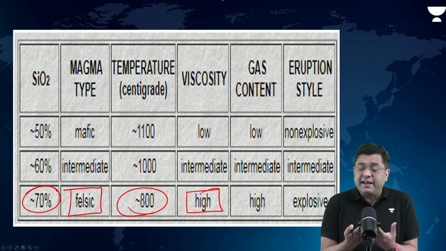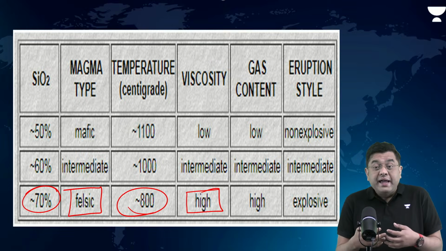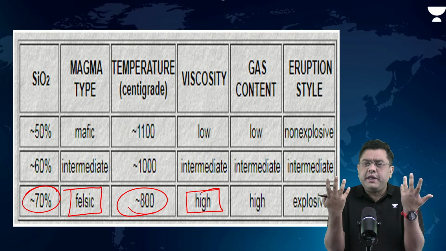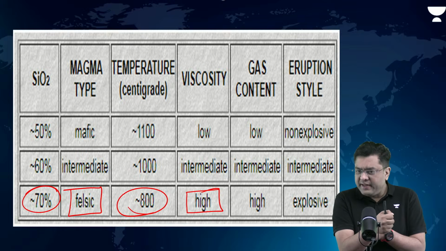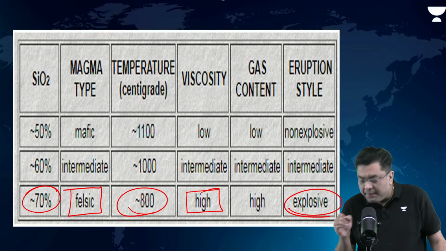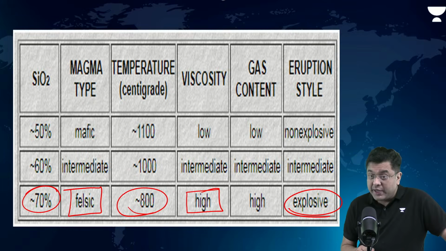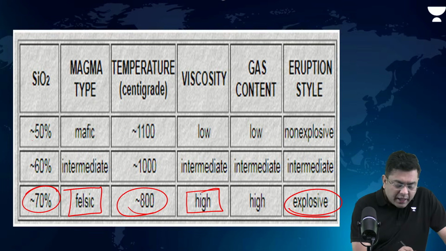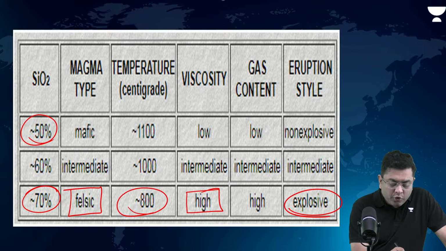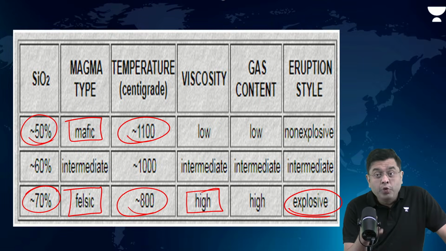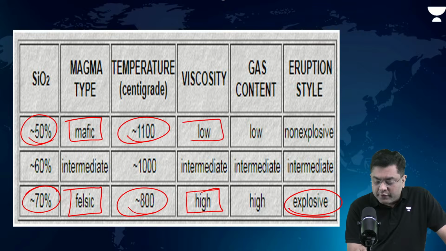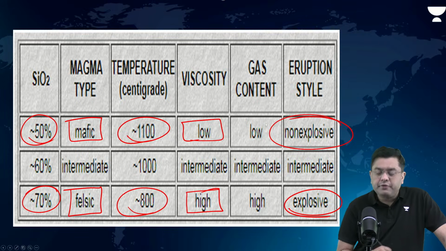Gas that it will trap will be much more. And for this viscous material to erupt, it will require an explosion, isn't it? So the eruption will be explosive in nature. Whereas the silica content, if it is low, mafic, temperature is higher, it is fluidic, so low viscosity, non explosive.